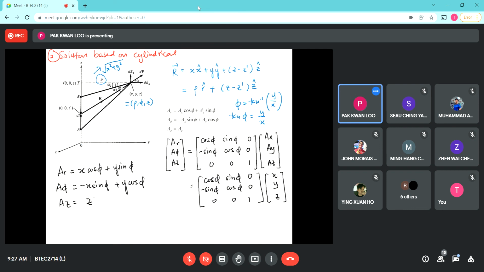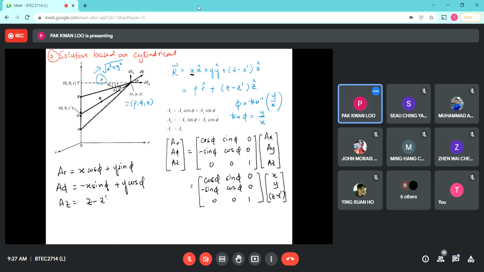Sorry, it's not z here. It's z minus z prime, which is the z component. I just substitute the magnitude of the x component, y component, and z component into ax, ay, and az. So these are the x, y, z components respectively.